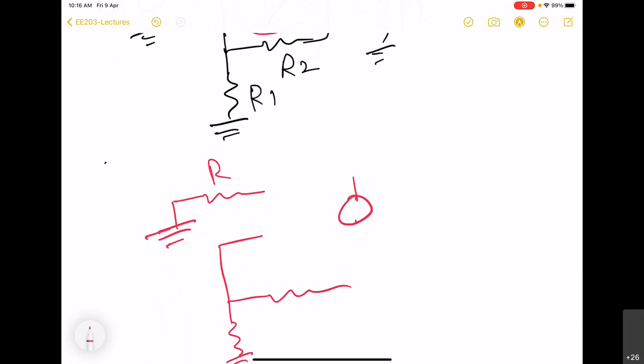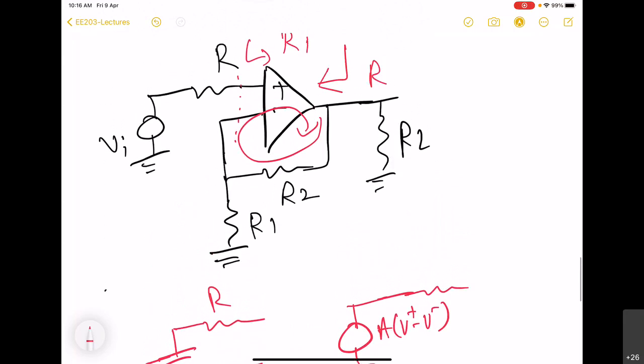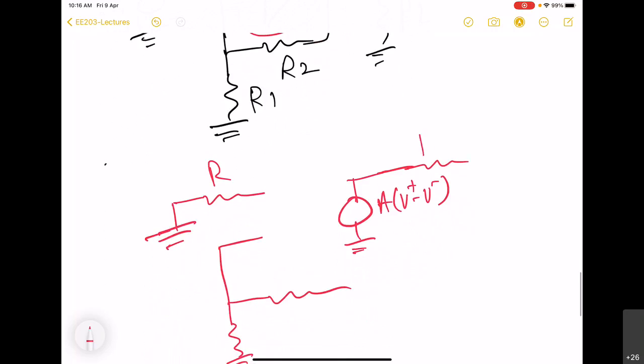The op-amp should be substituted by its model, and suppose it has some finite output impedance also.